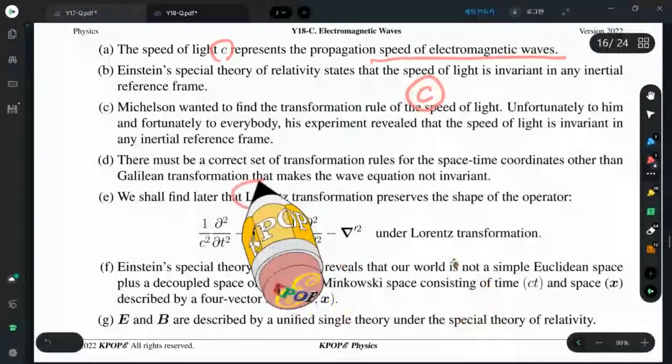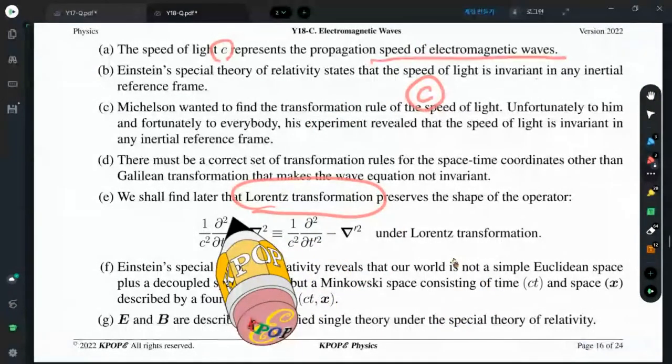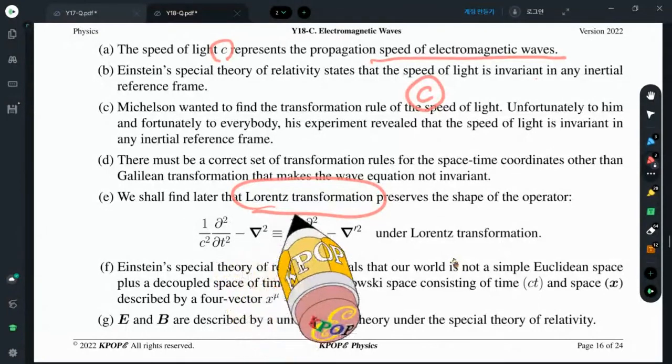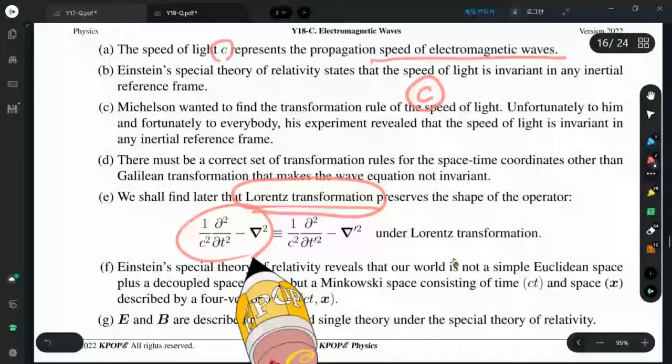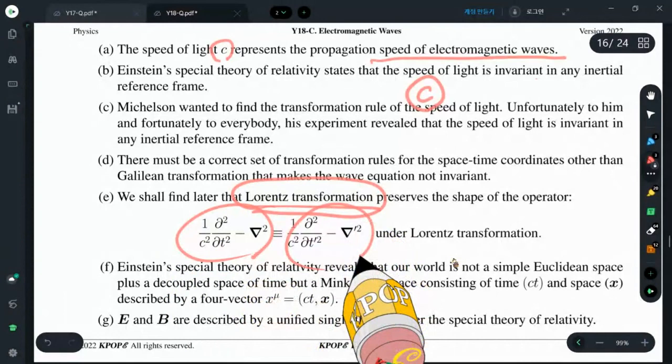And the Lorentz transformation was derived well before Einstein's work. However, they didn't know that the Lorentz transformation keeps this operator the same. That means under the Lorentz transformation, Maxwell's four equations keep the speed of light, c, the same, and the whole theory becomes beautifully invariant, just like F equals ma is invariant under the Galilean transformation.